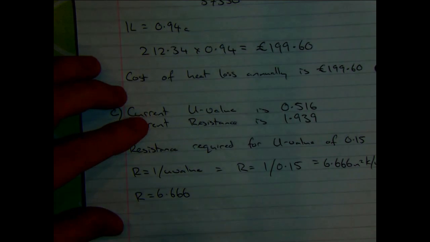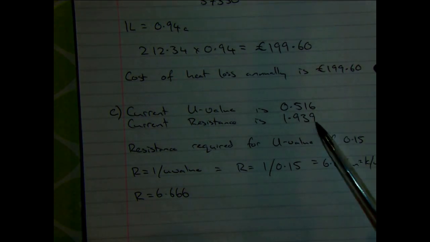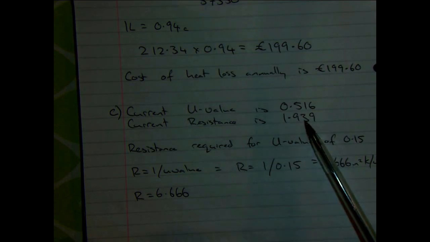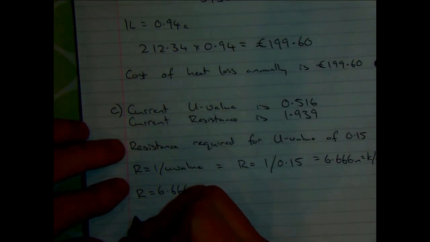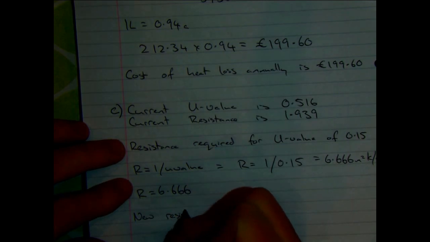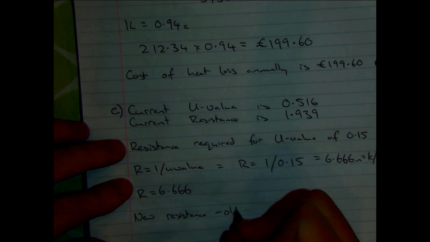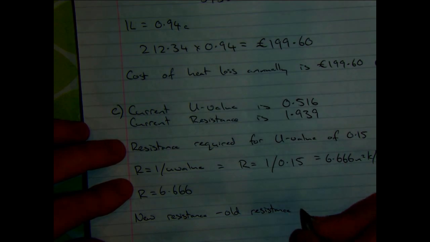So R equals 6.666. Now, we already have some insulation in the wall, and we already have a certain amount of resistance. So we're going to take away this resistance from our new resistance. Our new resistance minus old resistance will give us the required resistance.